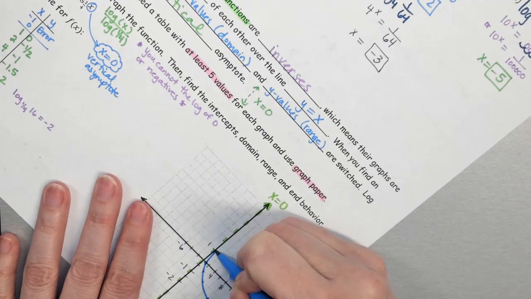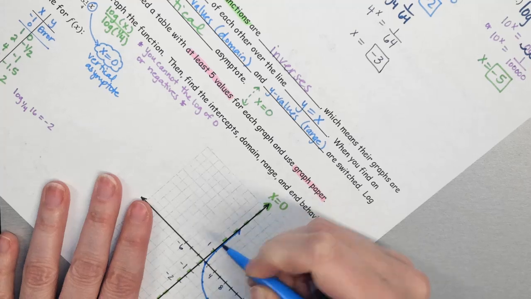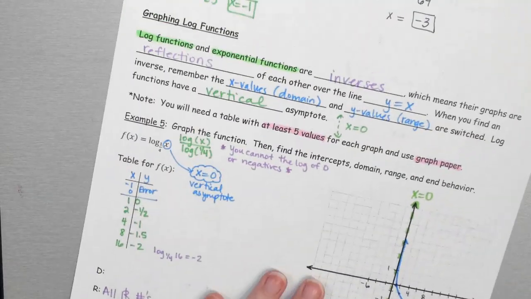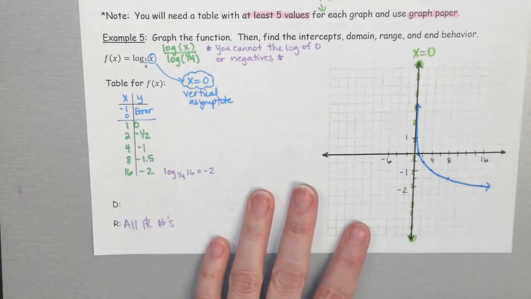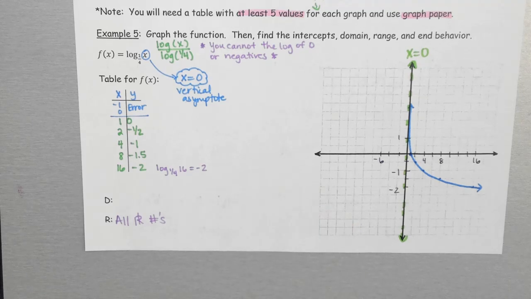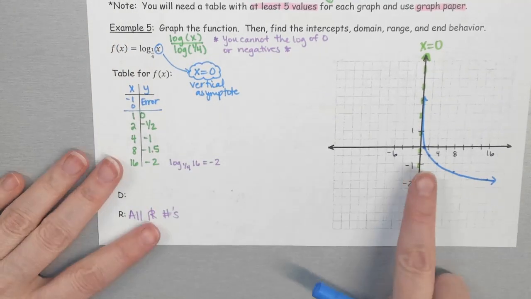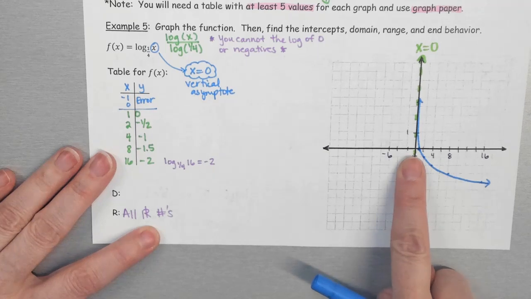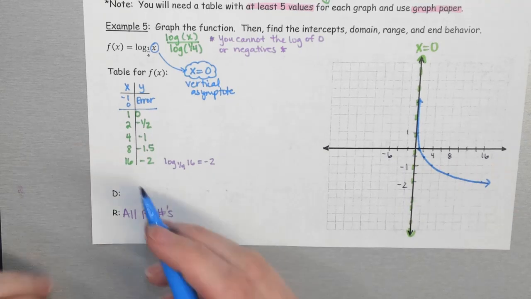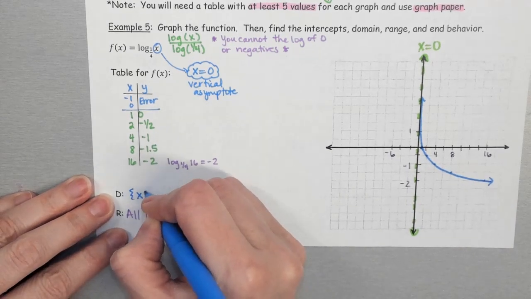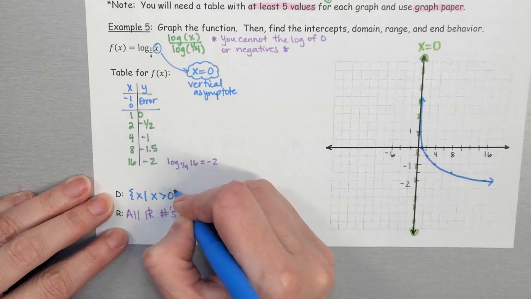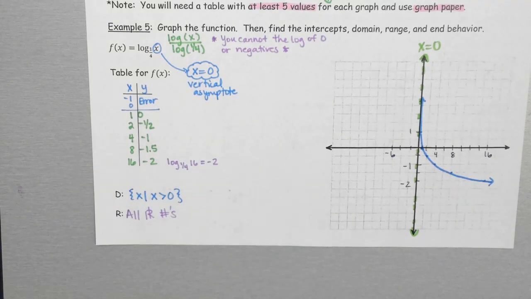It's going to follow this line, and you're going to put your arrow on both sides. You can also see that all of the values for x are above 0, which means your domain is going to be x such that x is greater than 0.